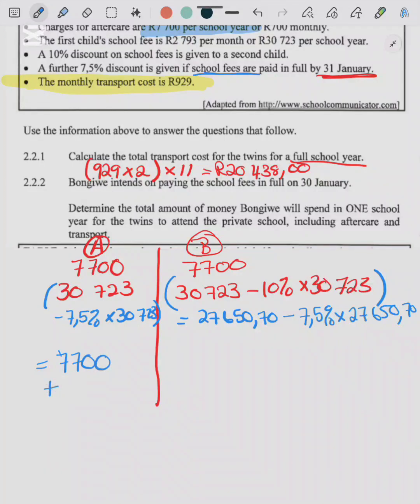We've got when we take off our school fees, okay, 28,418.775. So that means child A is going to give me 36,118.775.